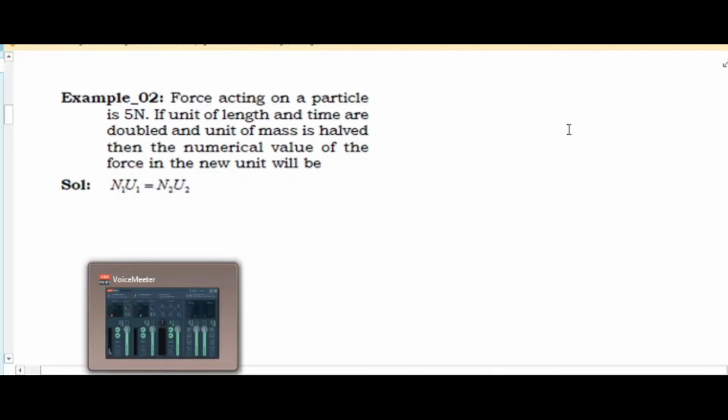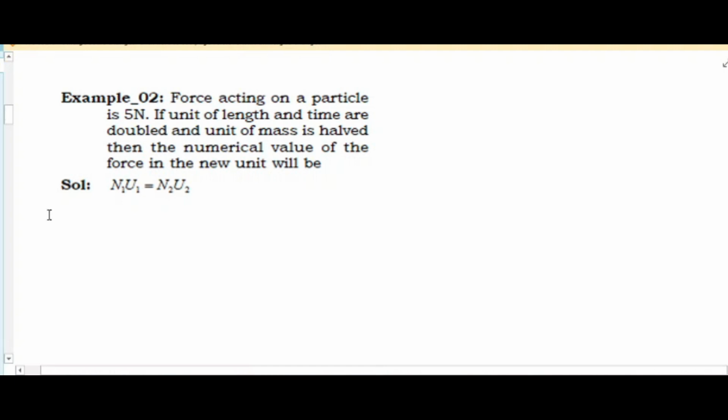A force acting on a particle is 5 newtons. If unit of length and time are double and unit of mass is half, then the numerical value of force in new unit is. Here N1 is equal to 5 Newton, but 1 Newton is kg meter per second square.